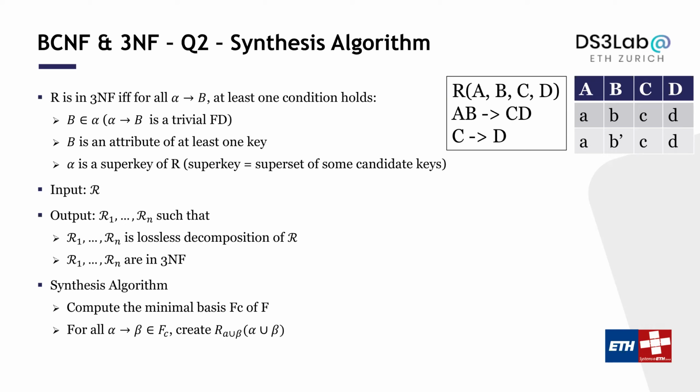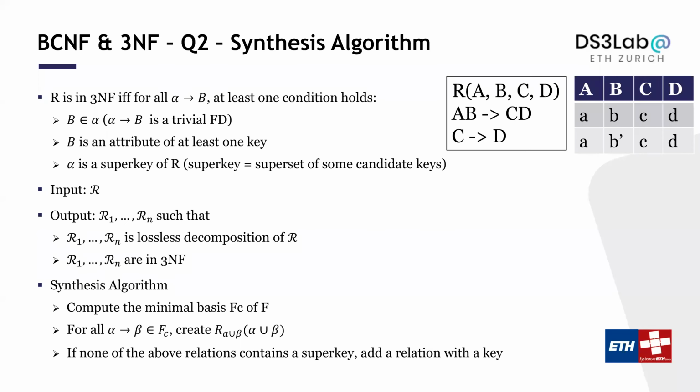Then for each functional dependency alpha to beta in the minimal basis, you create one relation that contains the attributes on both the left-hand side and the right-hand side, that is, alpha union beta.